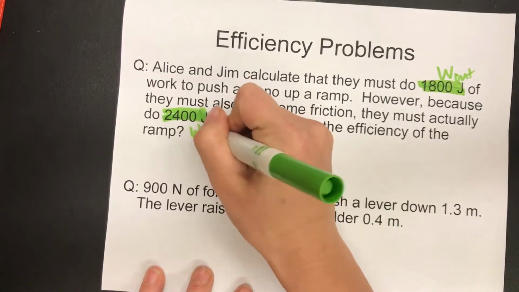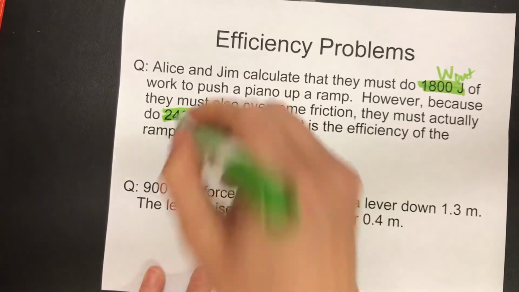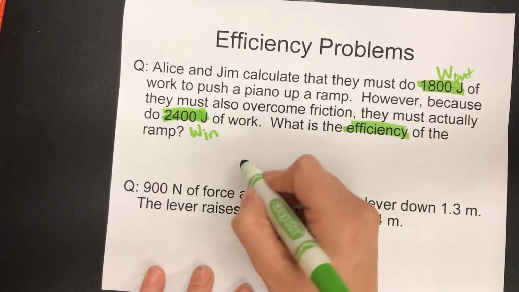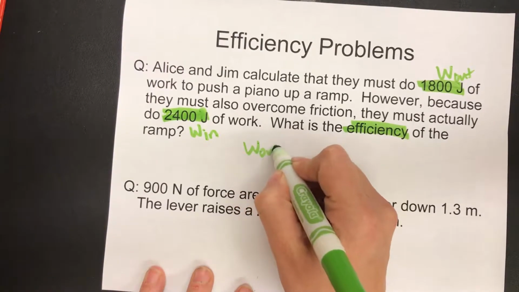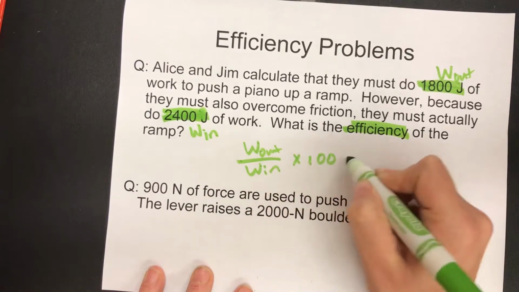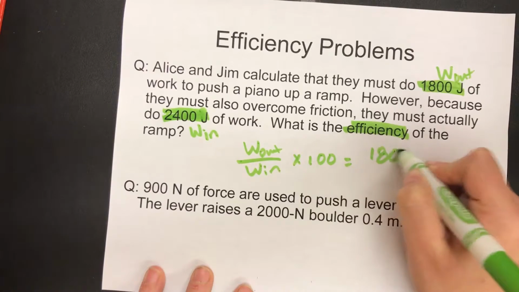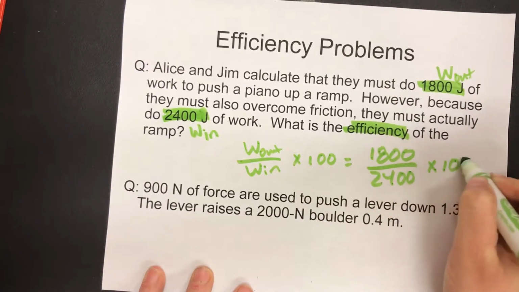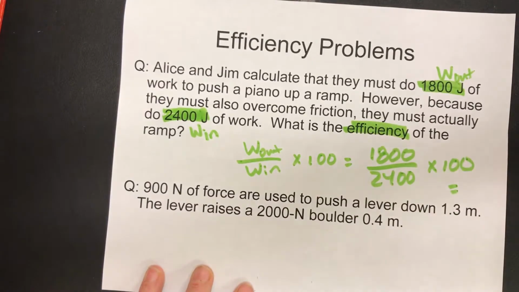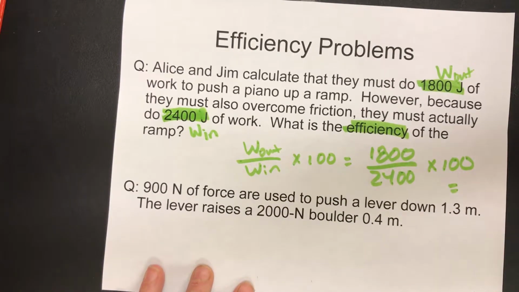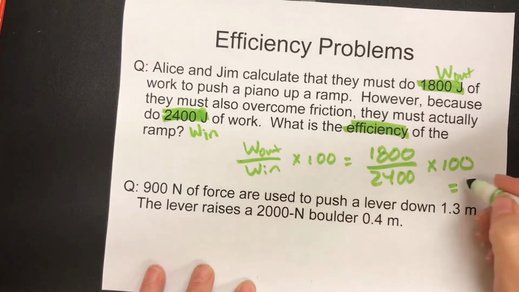So this is the work in, the work they actually have to put in. And it's finding the efficiency. So all you're going to do, again, is work out over work in times 100. So you're going to do 1800 divided by 2400 times 100. And that gives you 75%.